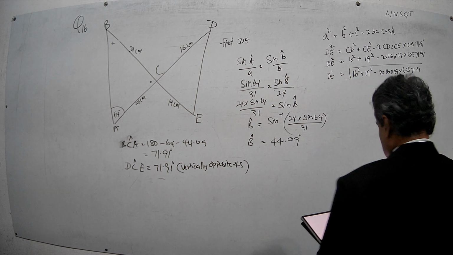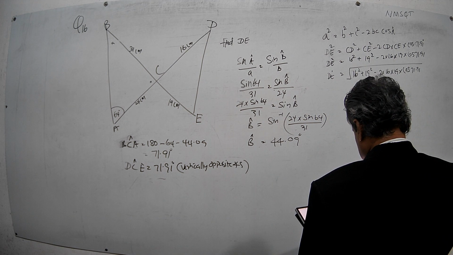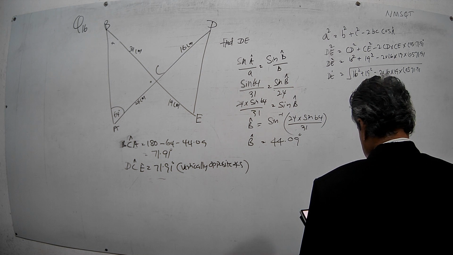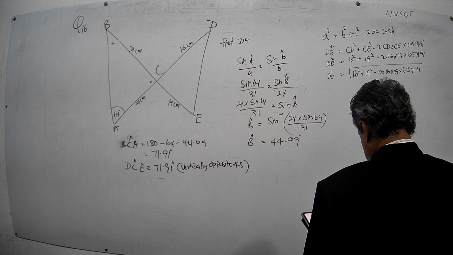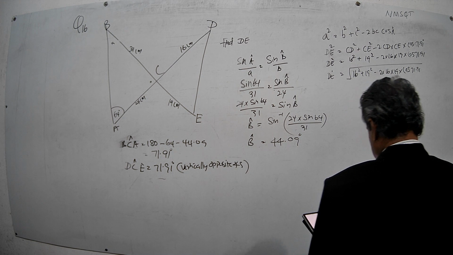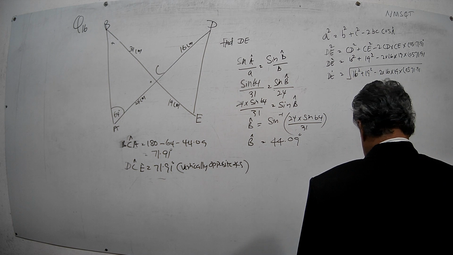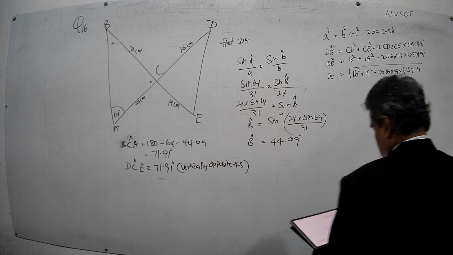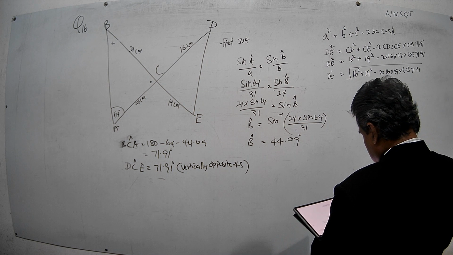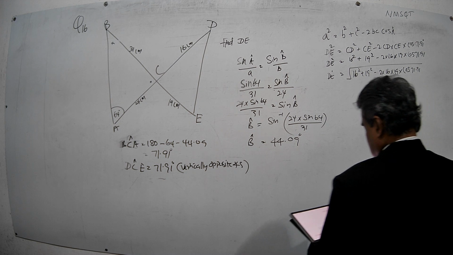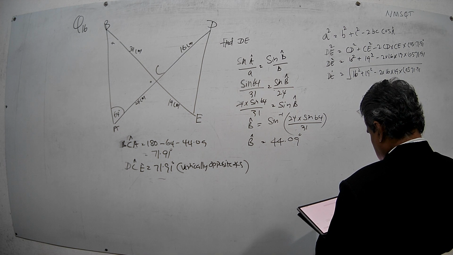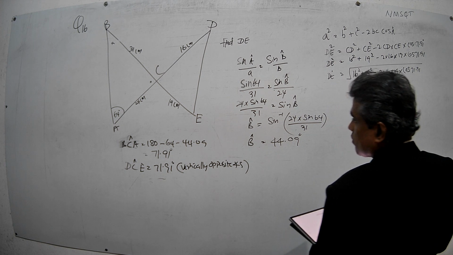Then square root of 16 squared plus 19 squared, then minus 2 into 16 into 19 into cos 71.91.